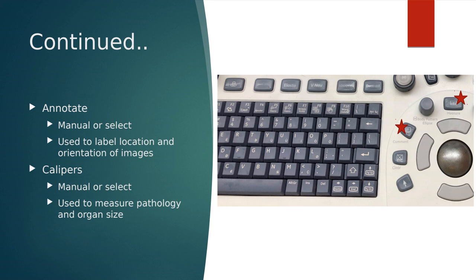And then, getting towards the end of some of our major controls here, we have annotation and calipers. Annotation is just a fancy word for labeling our picture. We have 2 different options typically. Usually you can type your annotations with the keyboard like you can see here, or if you hit the comment button on your touch screen, you're going to get a pre-populated list of common labels that you can use depending on the preset that you selected at the beginning of the exam.